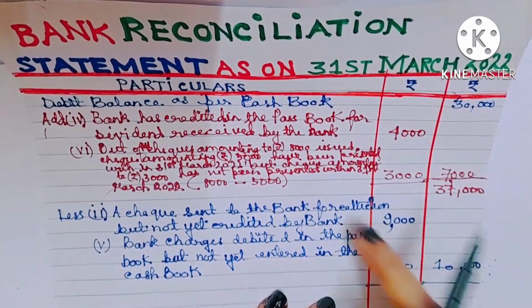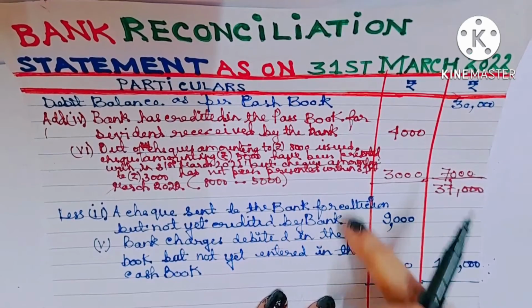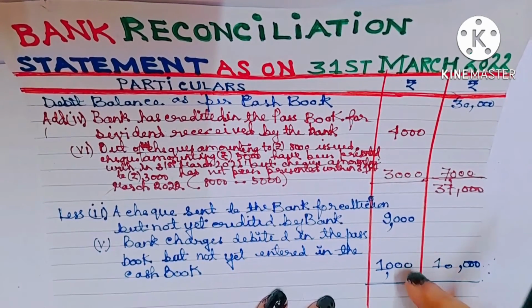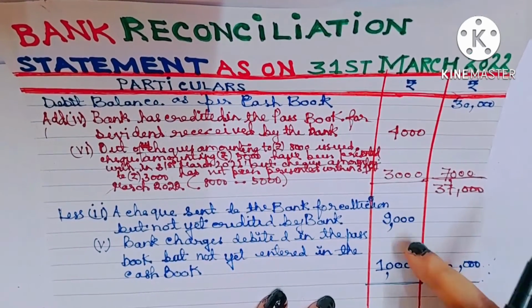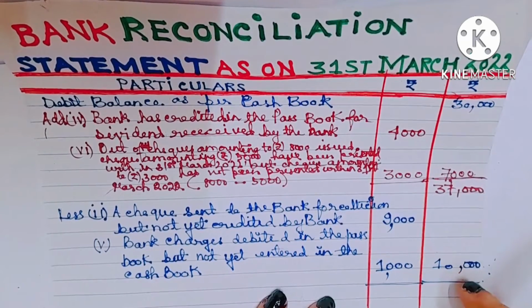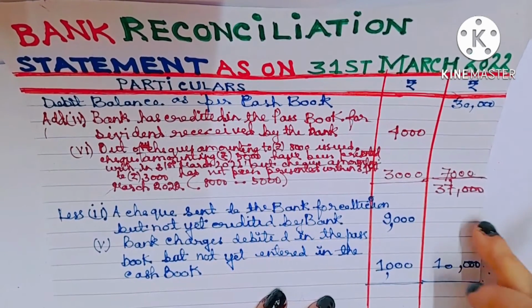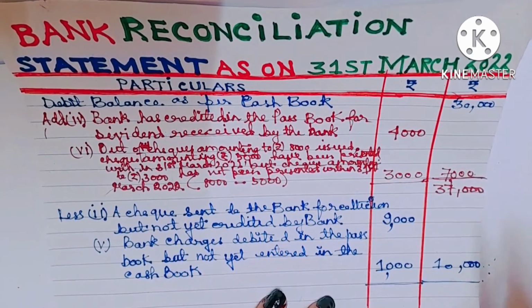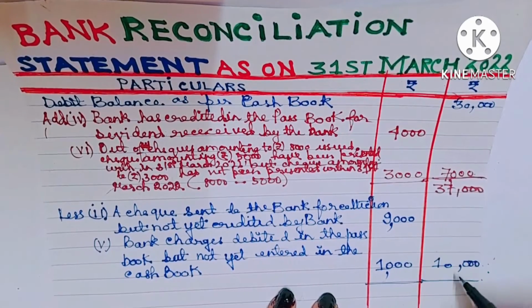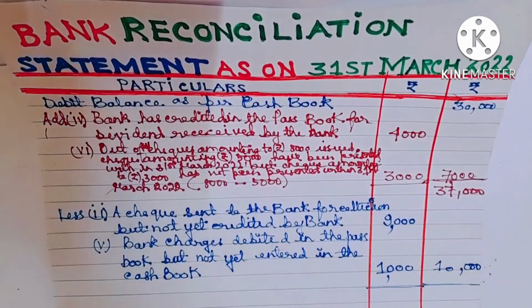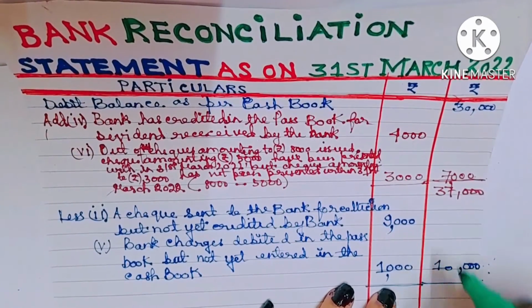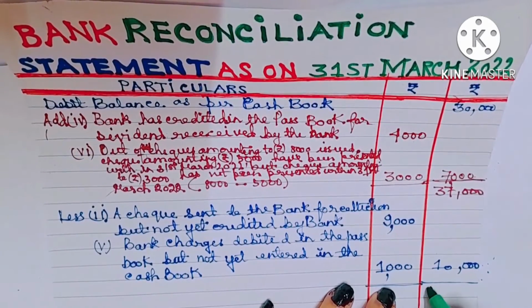We will always write 10,000 in the outer column or in the second column. So now deduct 10,000 from 37,000. Okay, understood? So deduct 10,000 from 37,000, you'll get 27,000.